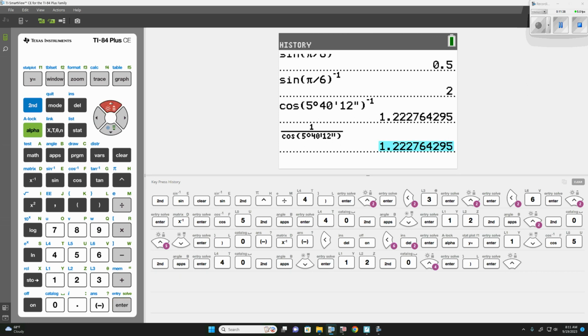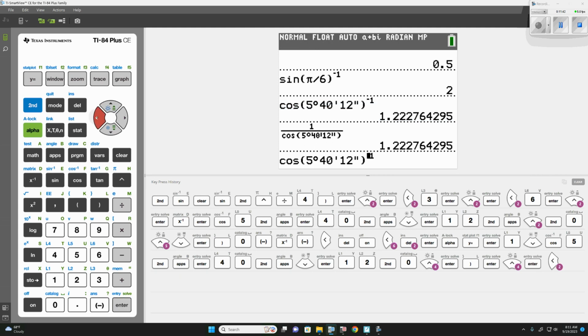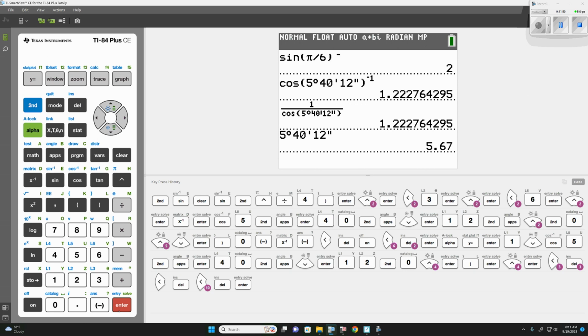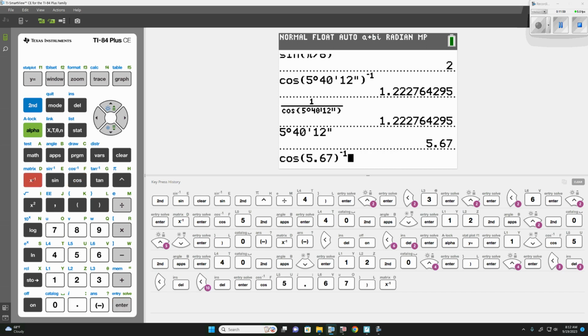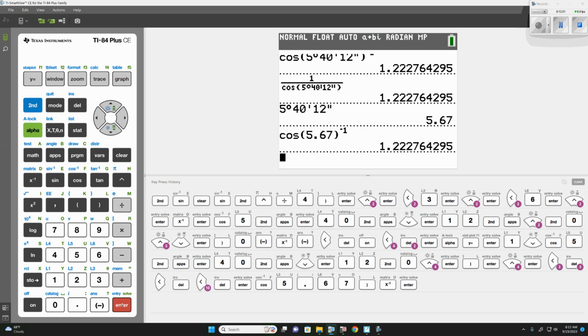The only other way that we could have done this, instead of typing this whole thing in, is I could have started off with saying that this is 5.67 and saying cosine of 5.67 reciprocal, same thing.